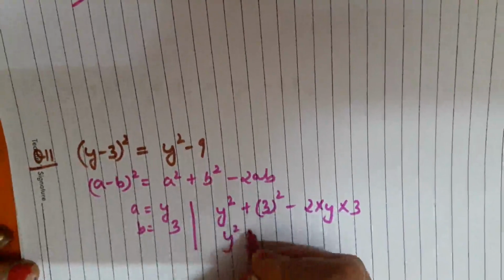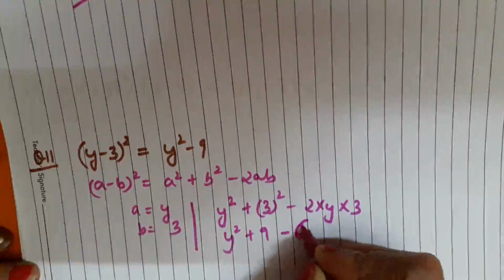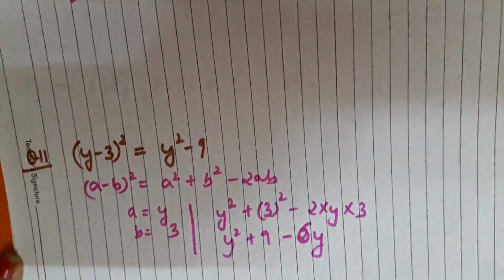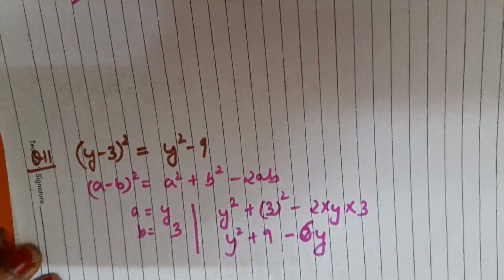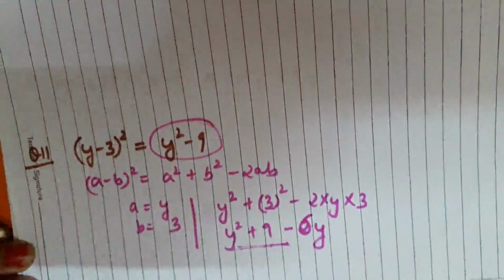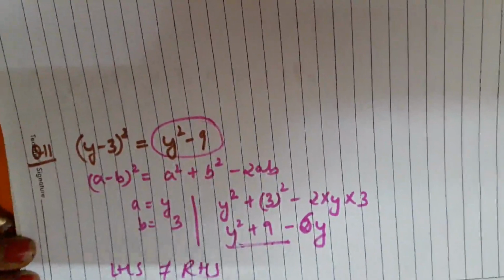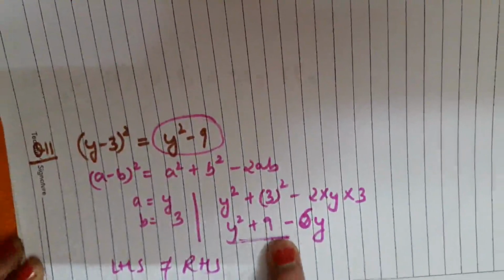So y square plus 9 minus 6y. Okay, so you should have this answer in the rightmost side instead of this. So left hand side is not equal to right hand side. In the rightmost side, this answer should be there.